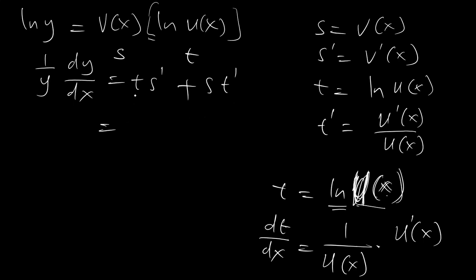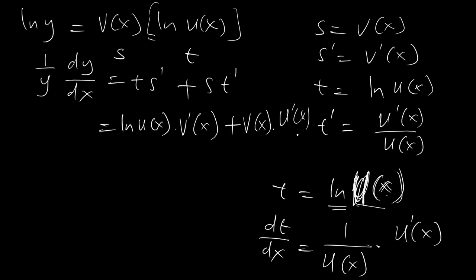Now t is ln u of x times v prime of x plus x is v of x times u prime of x divided by u of x.